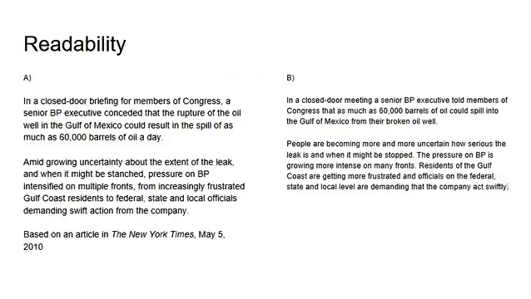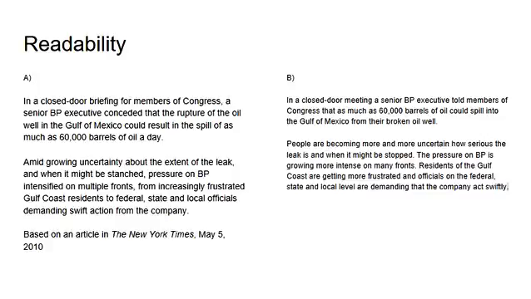If you take a look at these two examples of text here, A and B, they are both communicating more or less the same information, but a quick read of these two texts and you can notice that text B is a lot easier to understand, and text A is more complex.